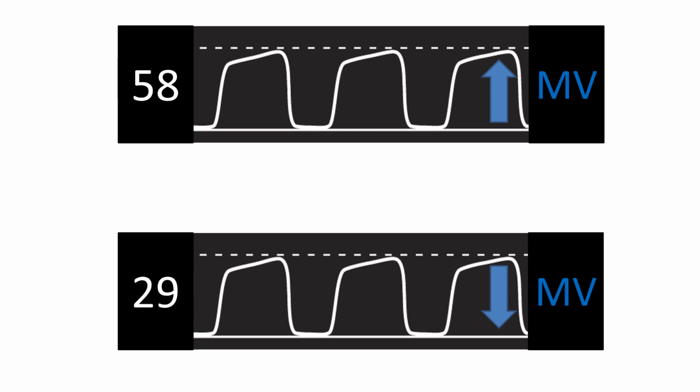On the other hand, if capnometry decreases, which means end-tidal CO2 values fall below 35 mm of mercury, it can be concluded that the patient is hyperventilated. Again, we can manipulate minute ventilation. In this case, we can reduce it.